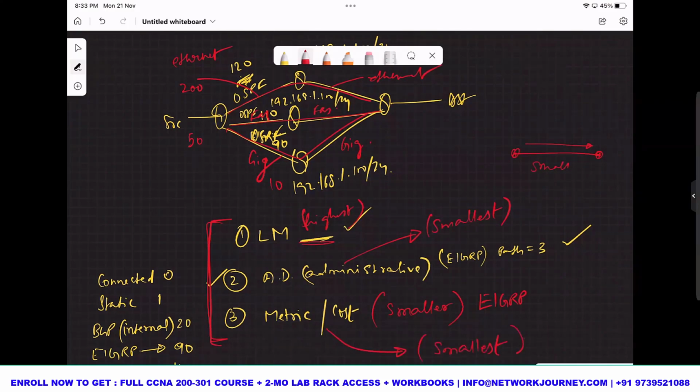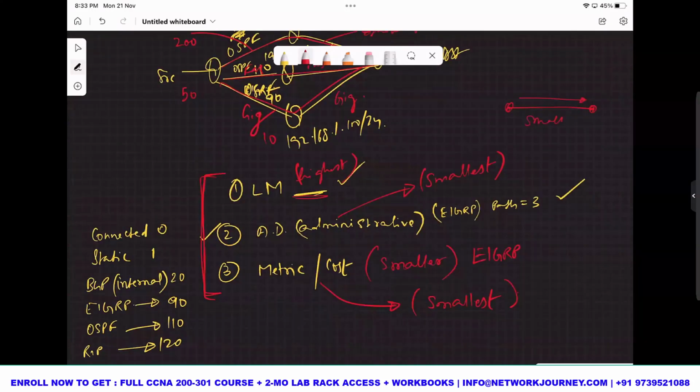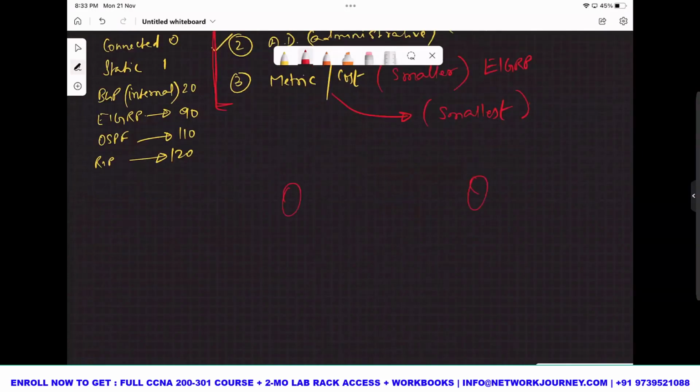But what happens if all three paths have the same cost? In what case will that happen? You are using OSPF in all three scenarios, you are using Fast Ethernet on all the interfaces, and you are advertising the same prefix length.